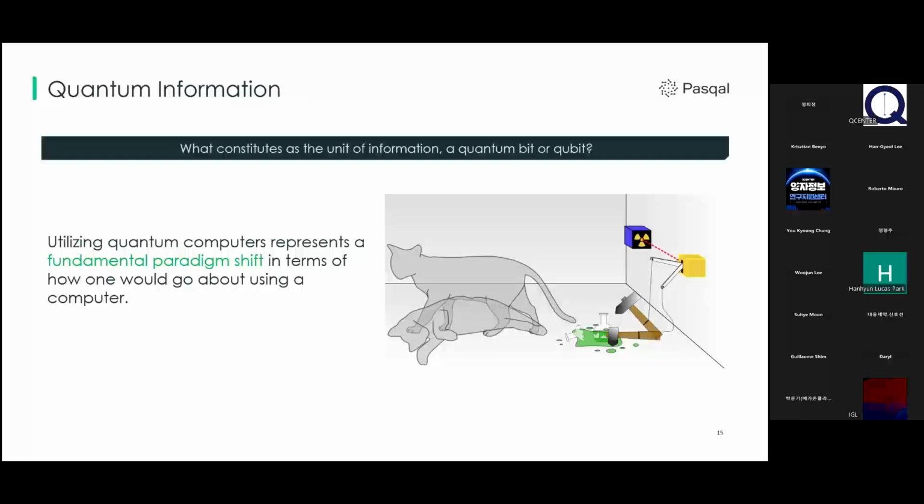With that said, one of the main bottlenecks and one of the key principles that people are having a harder time grasping their heads around is related to the third postulate, so the third axiom of quantum mechanics, which relates to observation, which relates to measurements.